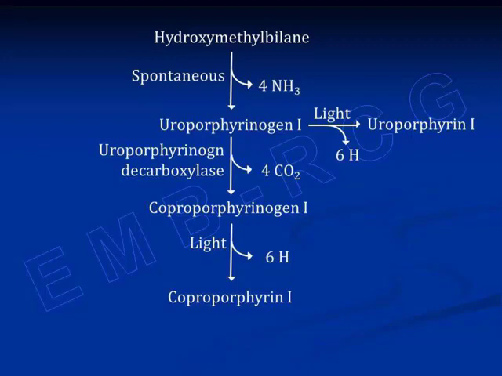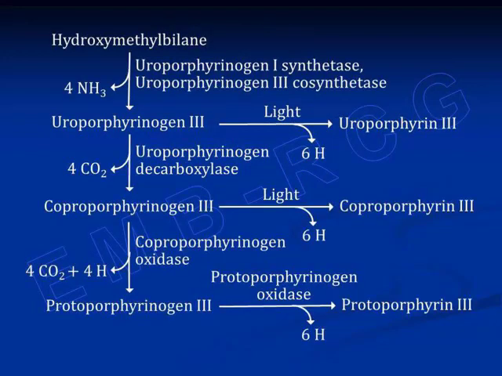And in the presence of light, uroporphyrinogen can then become uroporphyrin, or with the help of the enzyme uroporphyrinogen decarboxylase, uroporphyrinogen can convert into coproporphyrinogen 1 or coproporphyrin 1. So the whole reaction you can see over here: hydroxymethylbilane, the enzymes uroporphyrinogen 1 synthetase and uroporphyrinogen 3 co-synthetase allow it to get converted into uroporphyrinogen 3, which later can become uroporphyrin.